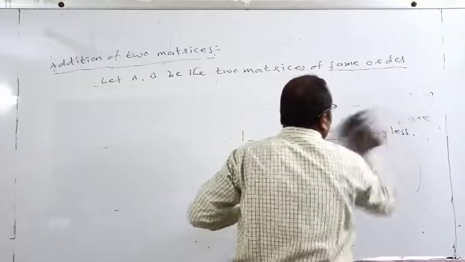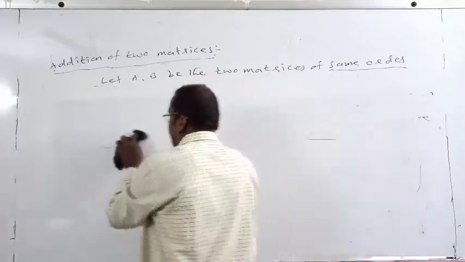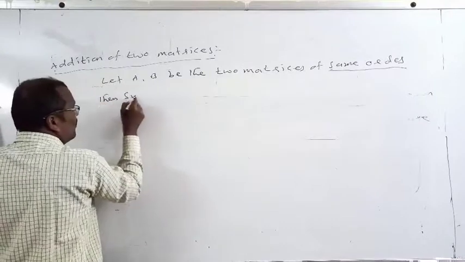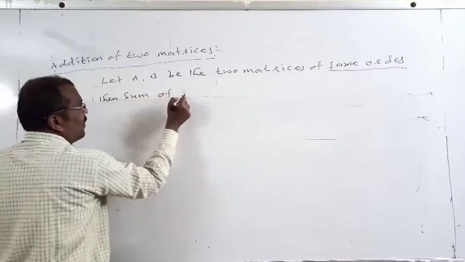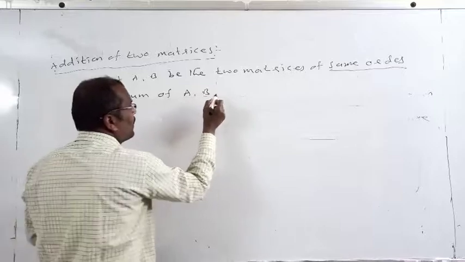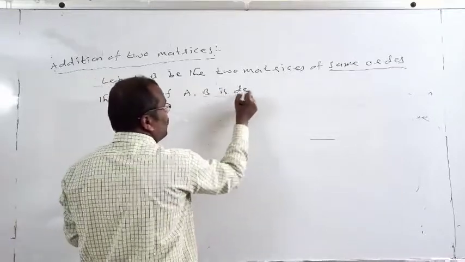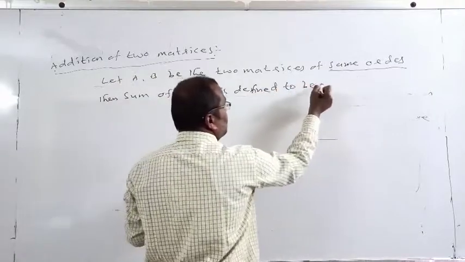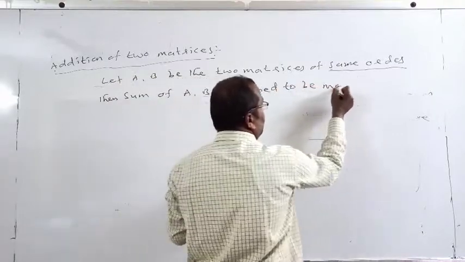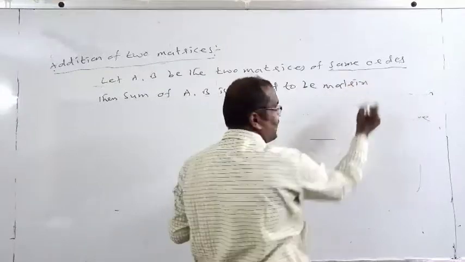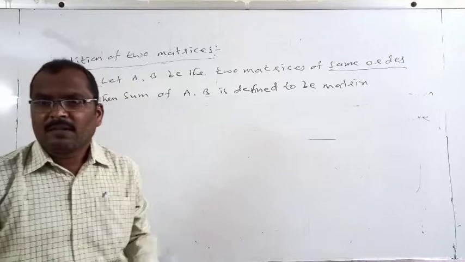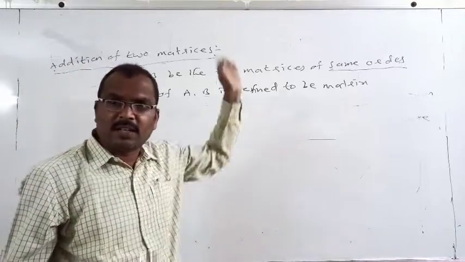Then the sum of A comma B, sum means addition, is defined to be a matrix. Means when you are adding two matrices, the resultant is also a matrix.